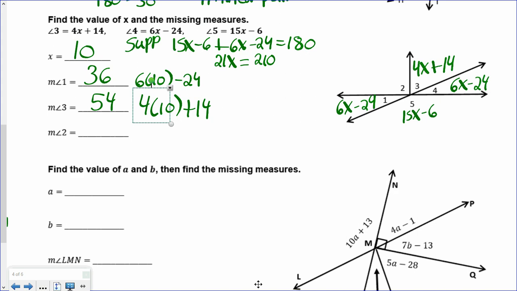All right, last one, angle 2. How do I find that? Add 36 and 54, then subtract from 180. We know this is 54, we know this is 36, so they're 90 together. Don't 2, 3, and 4 make a straight line? Always be looking for straight lines. If you're desperate and don't know where to go, look for straight lines.